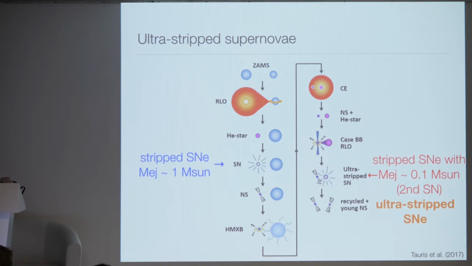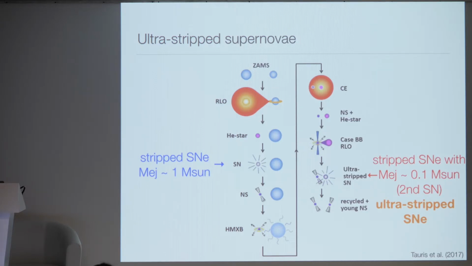If there's a neutron star and a normal star system, and this normal star just explodes with like 10 solar masses of ejecta, then this system will be dynamically unstable, because if the binary system loses more than half of the mass at one time, then it will be dynamically unstable, and you cannot keep the neutron star binary system as we observe in gravitational wave observatories.